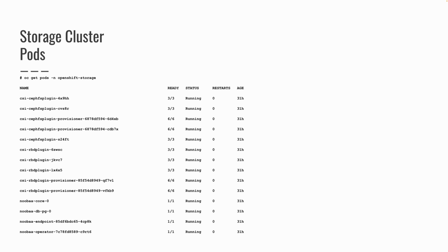Just to summarize, these pods contain the actual code needed to create volumes, delete volumes, attach a volume to a particular worker node, unmount it, and attach the same to pods wherever it's needed, whenever you create a persistent volume claim and attach it to the application workload pods. Refer to that video. It's very detailed, and you should be able to understand that.